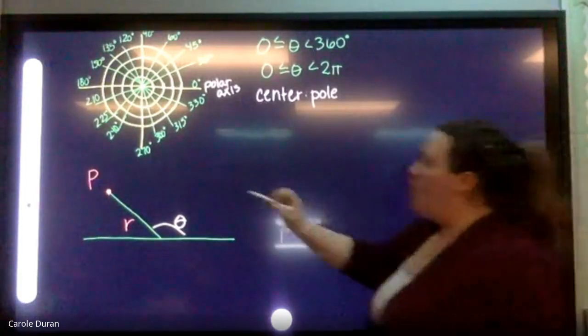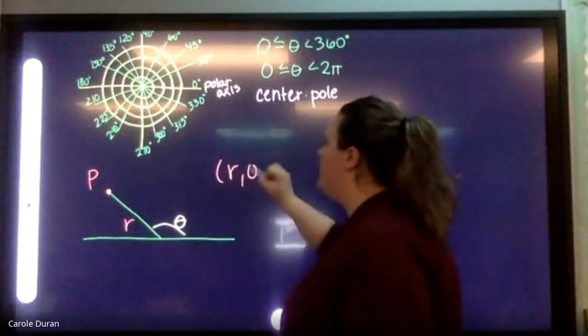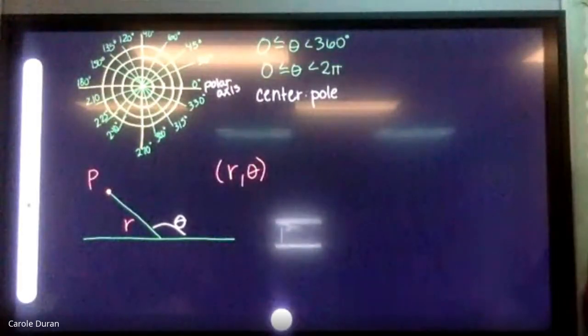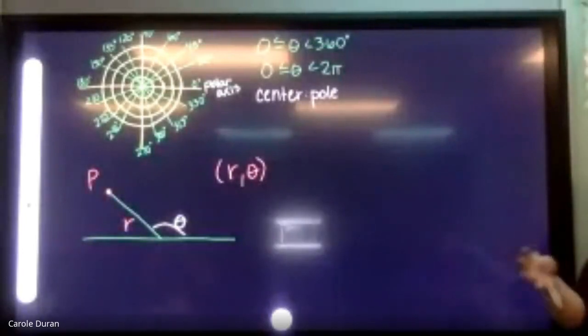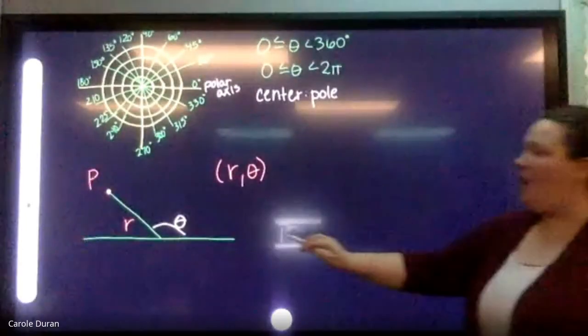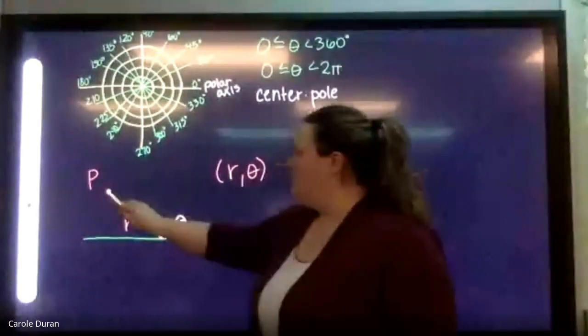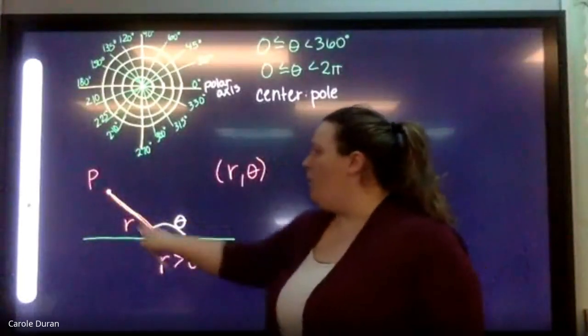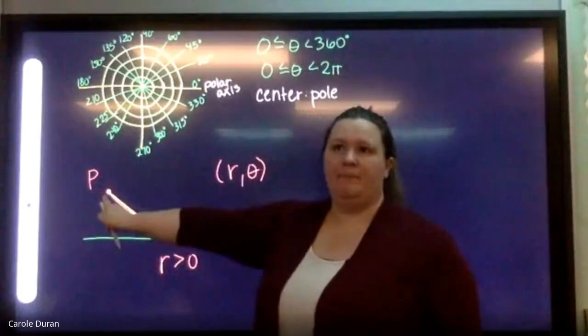Which means that my coordinate is r comma theta. This is the same r and theta that we've actually already calculated in the trigonometric form of complex numbers. These are the same values, we're just looking at them now in their own coordinate system. So this r right here is the distance from the center of my pole out to point P.